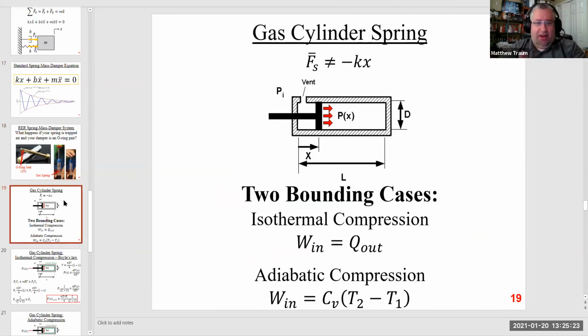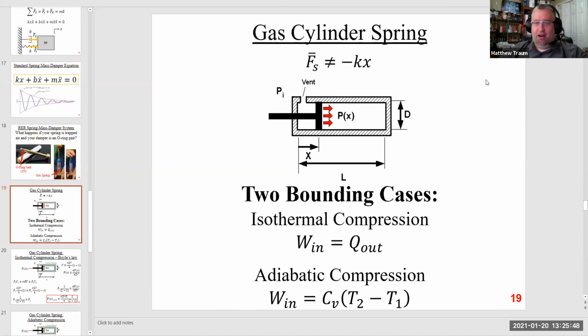You know me well enough now to know that anytime I can sneak thermo or fluids into a derivation of any kind, of course I'm going to do that, because it's my favorite topics after design. So we've got a gas cylinder spring, and the spring force produced by that spring is not negative kx.